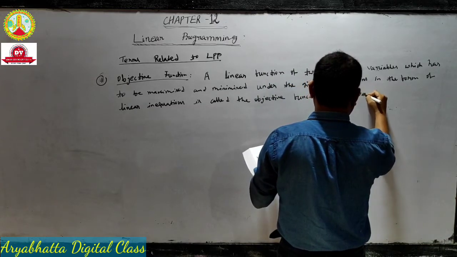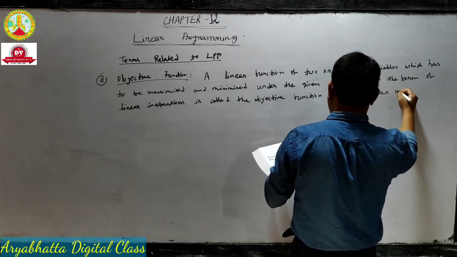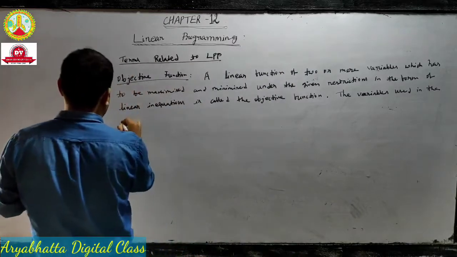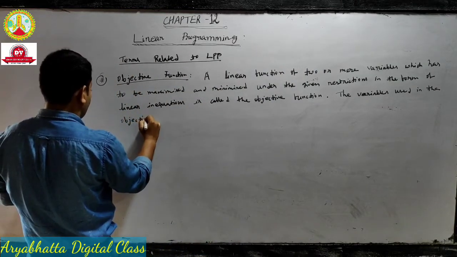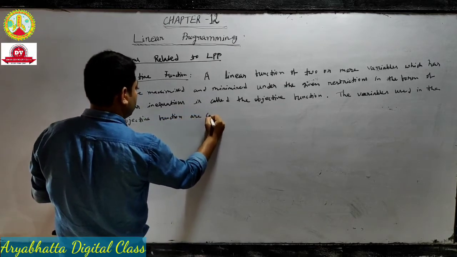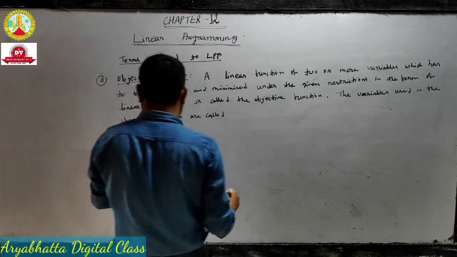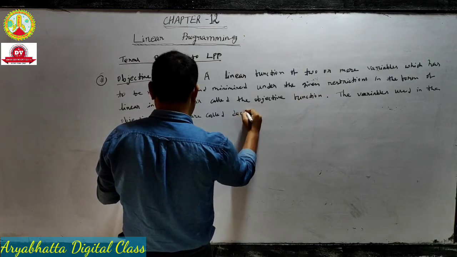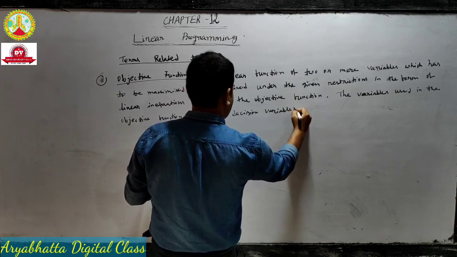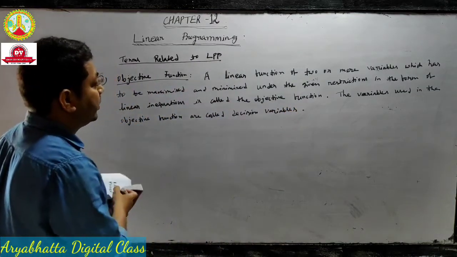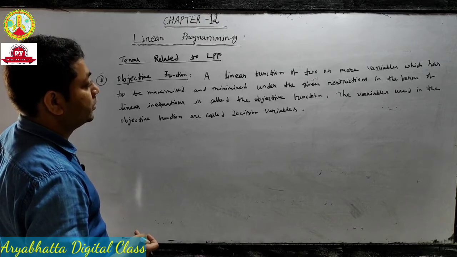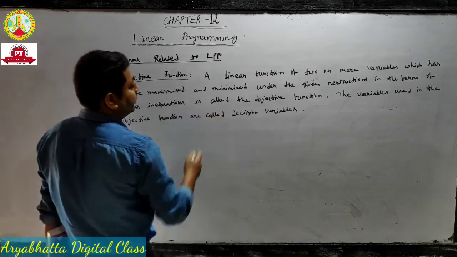The variables used in the objective function are called decision variables. Remember, an objective function, a linear function of two or more variables which has to be maximized or minimized under the given restrictions in the form of linear inequations, is called the objective function.